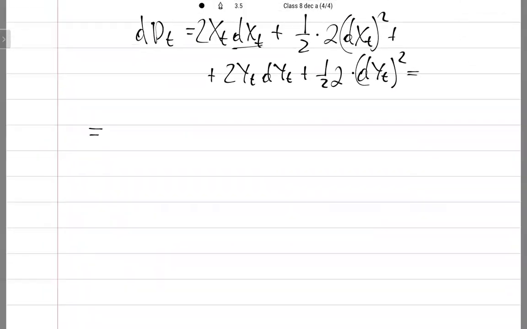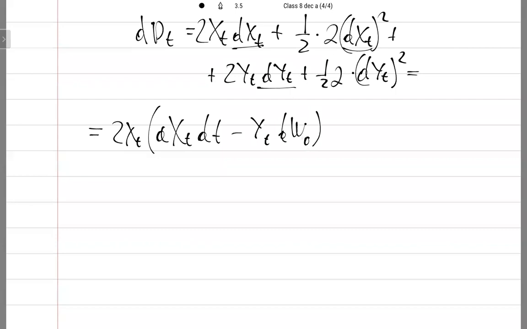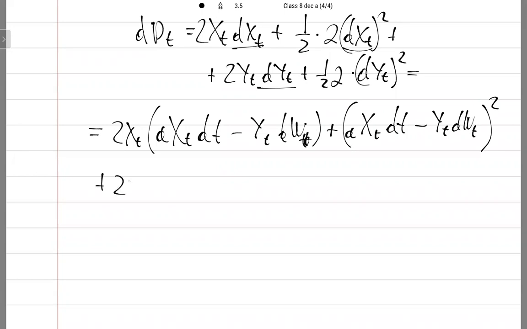Okay. dxt is given, dyt is given, dxt squared. So let's begin. 2xt times axt dt minus yt dyt plus dxt squared. I plug in and apply this lemma. Xt dt minus yt dwt squared plus 2yt.